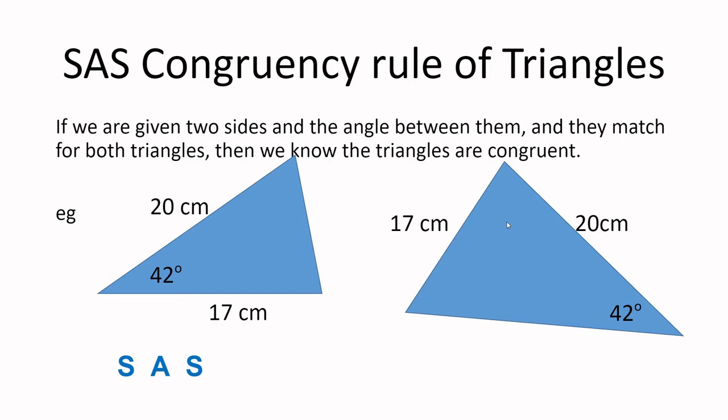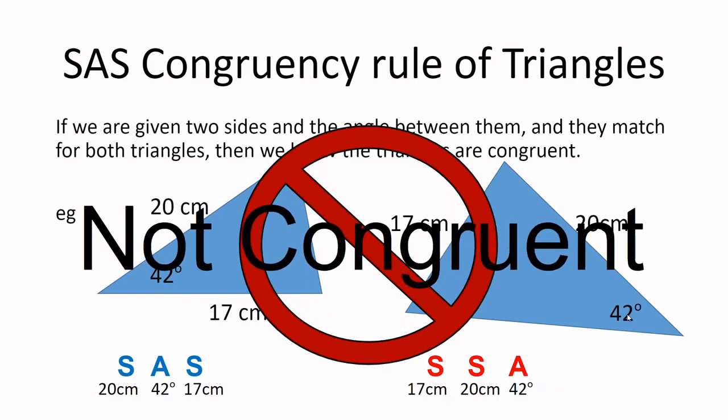Here I've given you SAS, 20 centimeters, 42 degrees, and 17 centimeters. And here I gave you the side of 17 centimeters, the side of 20 centimeters, and the angle of 42 degrees. So these are not congruent. I didn't give you the same information for both triangles. Although the measurements might be the same, they are not in the same places.